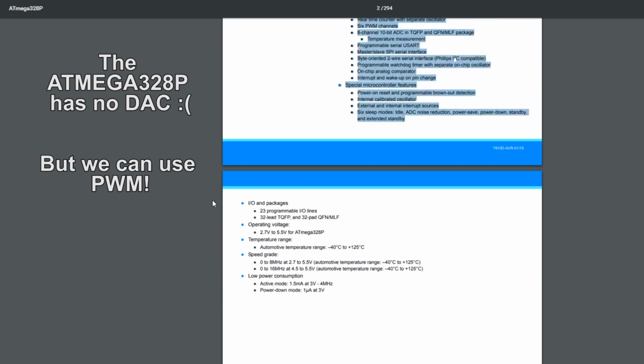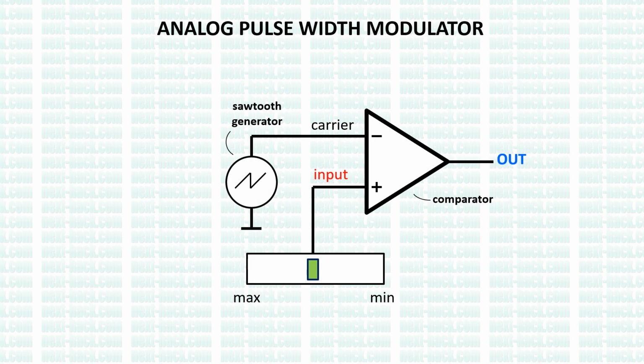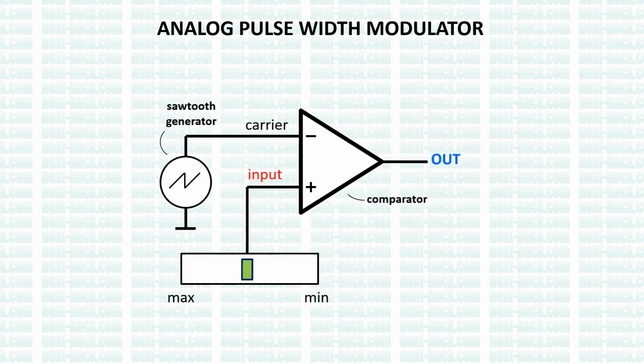Therefore, we must use a technique called pulse width modulation. Yes, another modulation. A pulse width modulator, or PWM, consists of a ramp wave generator and a comparator. The signal to be modulated must be slow, so that we can consider it constant, at least during a single ramp period.